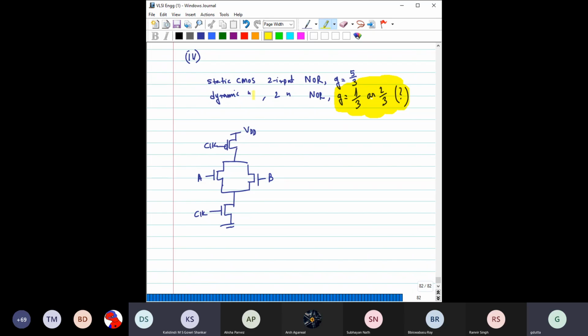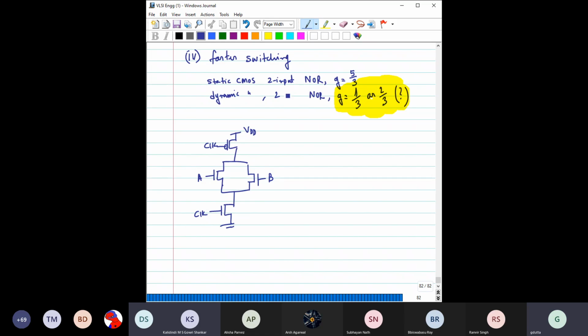So what do you mean by logical effort? Logical effort lower means it has a faster switching speed, right? So eventually we can write it as faster switching. Okay.